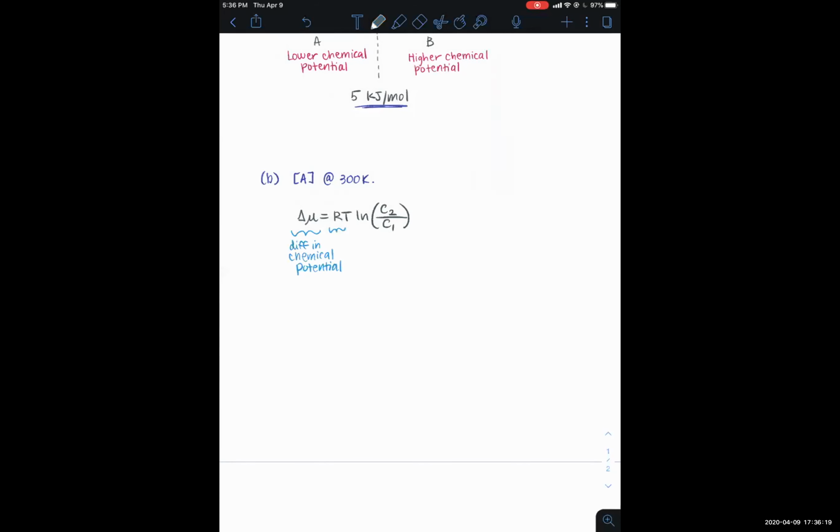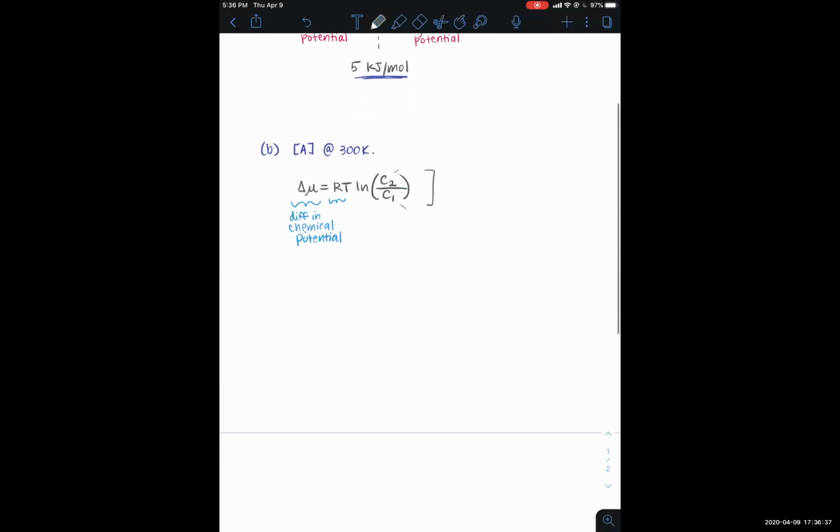And so when we use this equation, sometimes it's confusing to determine which concentration in this case is C2 and which one is C1. So a simple way to determine this mathematically for any situation is to just check the signs of the equation. So if you use a difference in chemical potential equal to 5 kilojoules per mole, and this side of the equation would be positive.